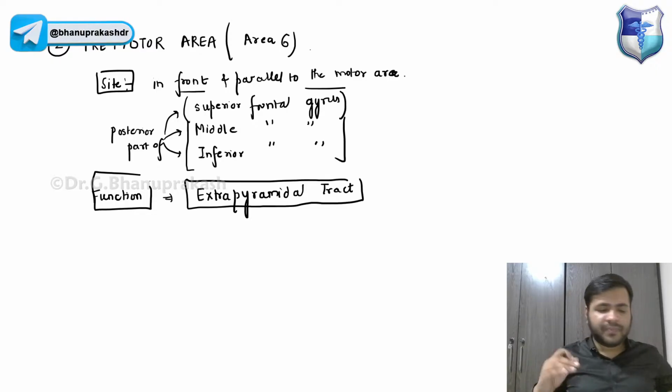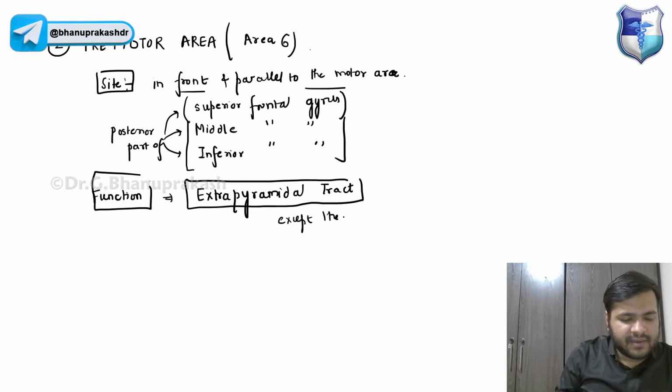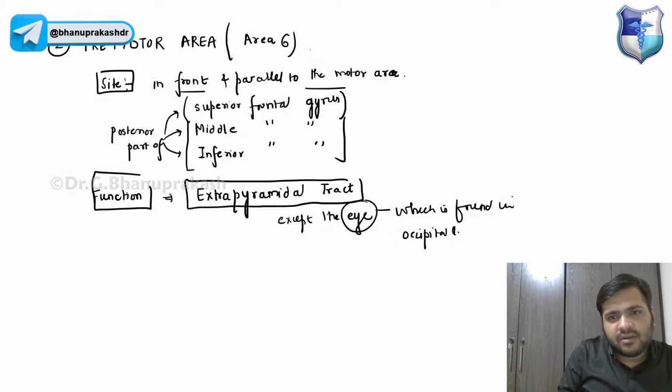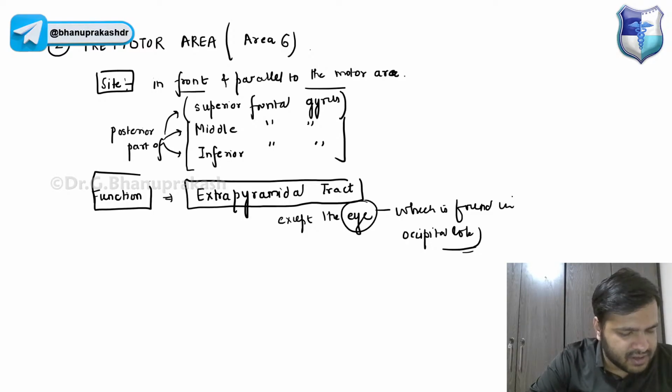So what is happening, guys? It is the main extrapyramidal area for the body, except, guys, for the eye. Eye के लिए it is found in the occipital lobe. So just remember this: it's except the eye, which is found in the occipital lobe.